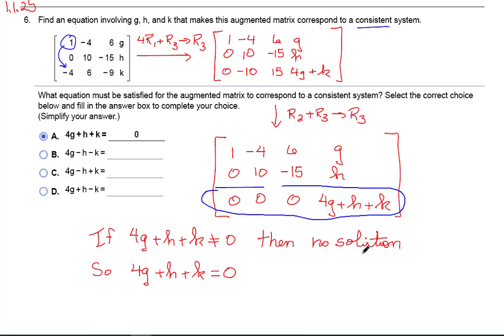If it is 0, so I have a row of all zeros, that means that it is consistent, but I do get an infinite number of solutions. So in this case, these three particular planes are intersecting in a line, and so therefore we get an infinite number of points in common.